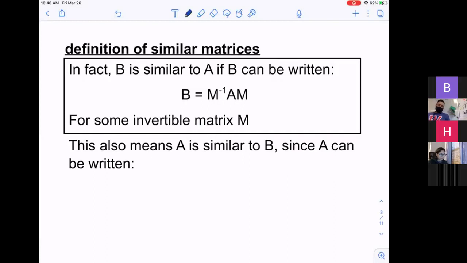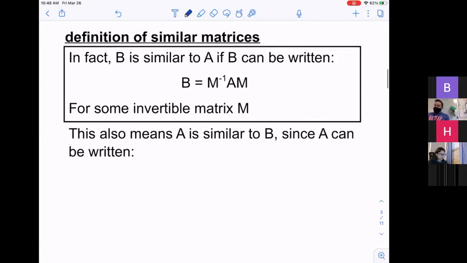Okay, this means A is also similar to B, right? We could show that by definition pretty easily. If B equals M inverse AM, I can multiply from the left by M on both sides of the equation. I can multiply from the right by M inverse on both sides of the equation.